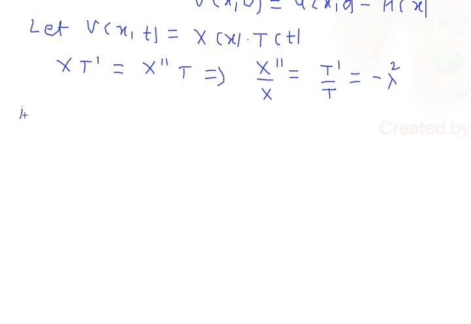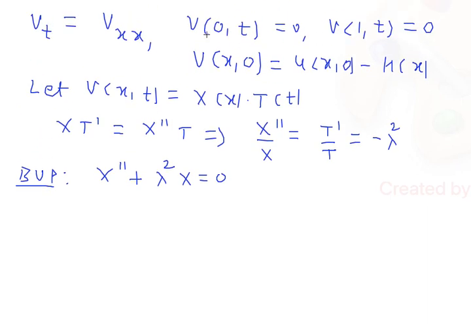So the boundary value problem in terms of X will be X'' + λ²X = 0, and we have to take care of the boundary conditions as well. The x is 0 and x is 1, that means the boundary conditions in terms of X are X(0) = 0 and X(1) = 0.